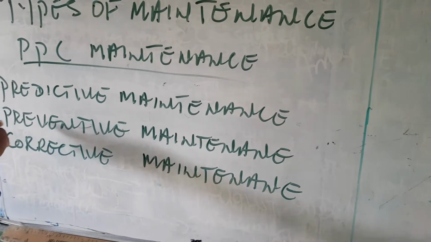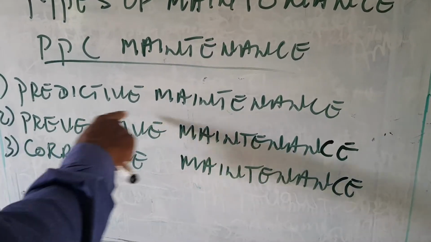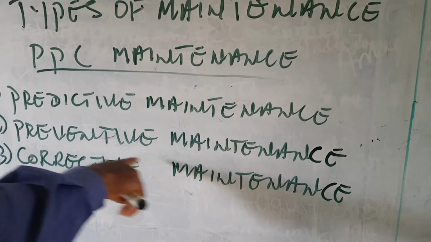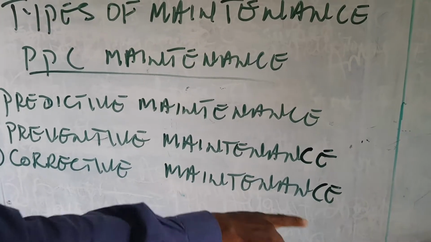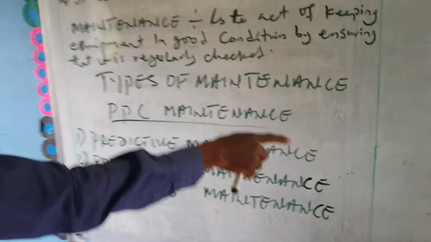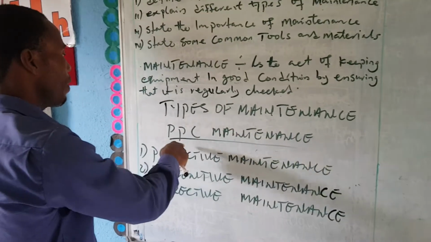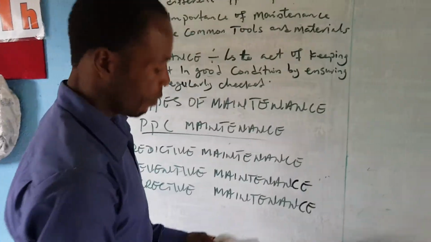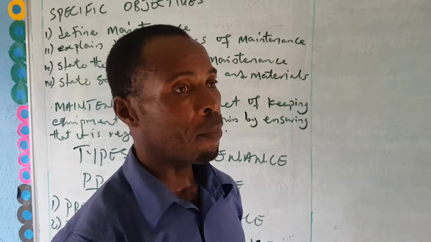That is the predictive maintenance, preventive maintenance, and corrective maintenance. That is what I mean by PPC maintenance: predictive, preventive, and corrective. Now we'll start with the predictive.